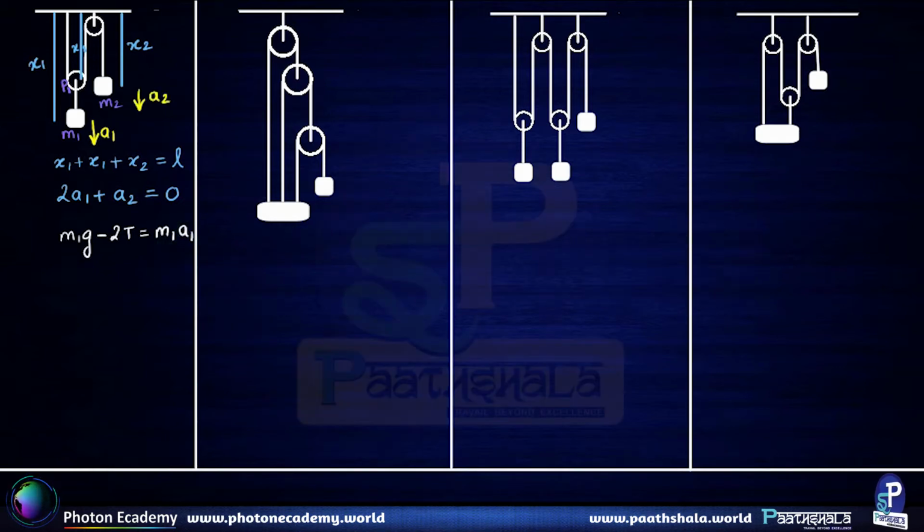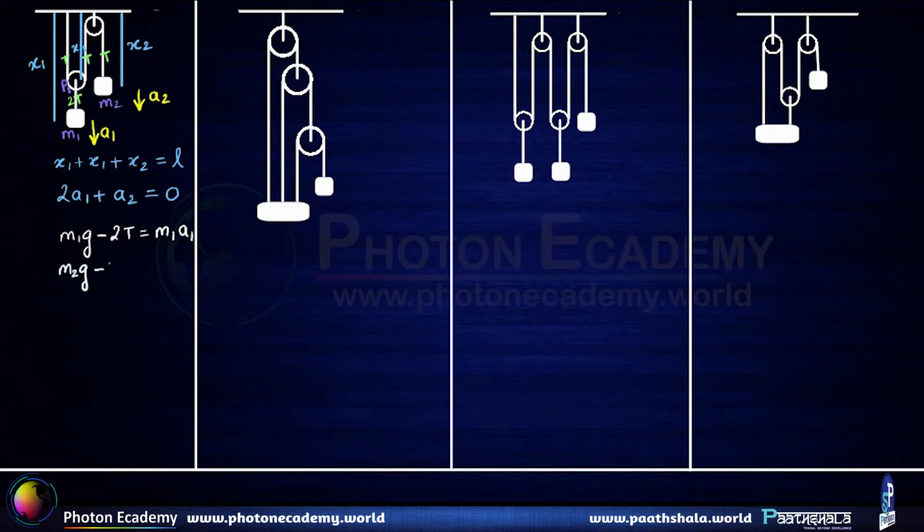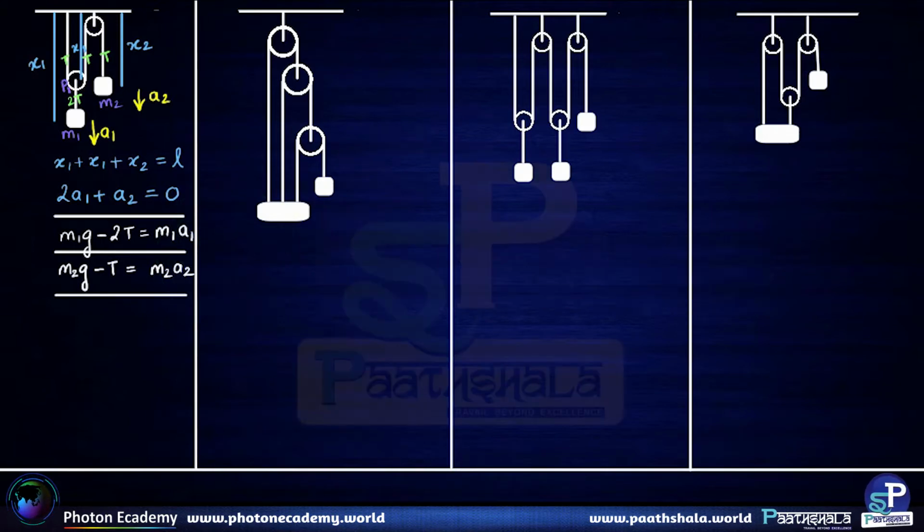It is obvious that if tension in this string is T, then tension in this string is 2T because the pulley P1 happens to be massless. For m2, we can write m2g minus T is equal to m2a2. So these three equations will give us the values of the three unknowns a1, a2 and T on solving them.